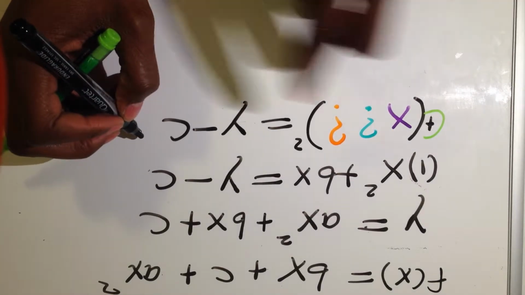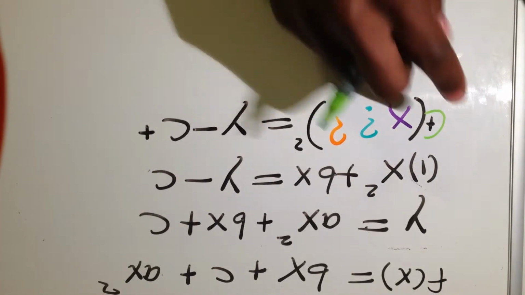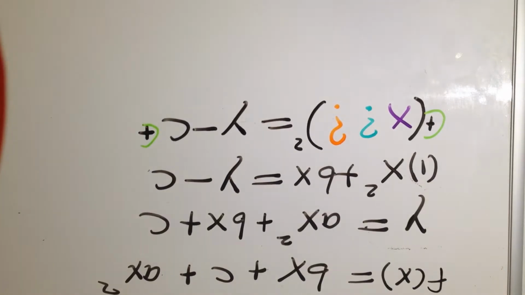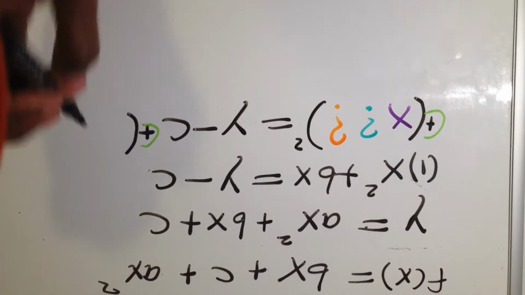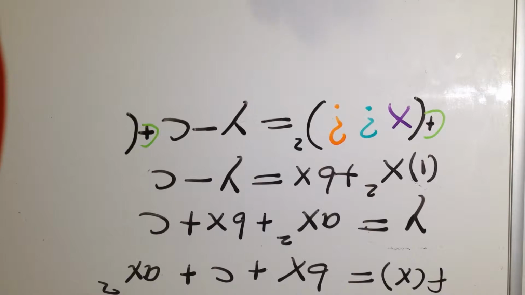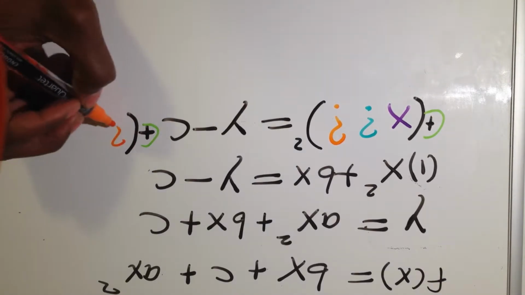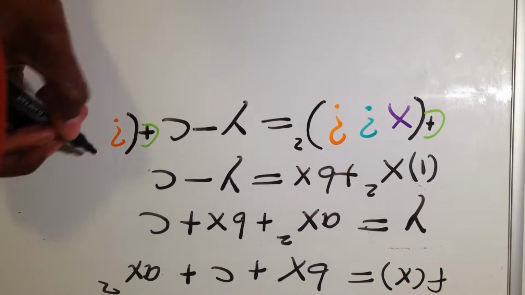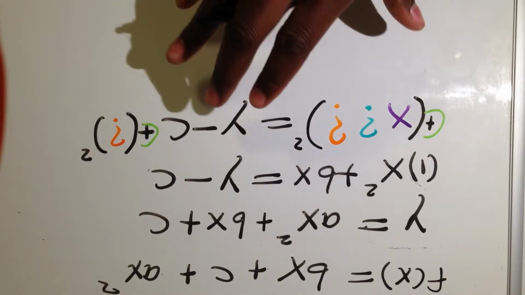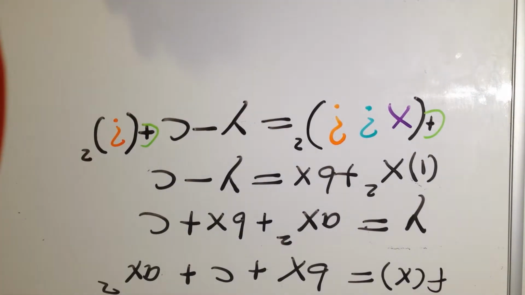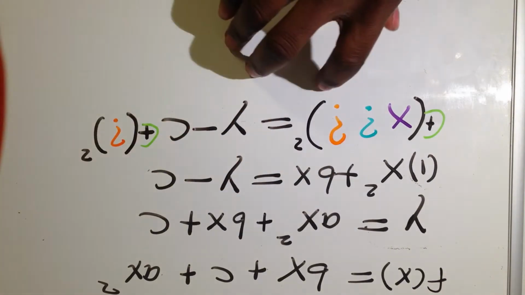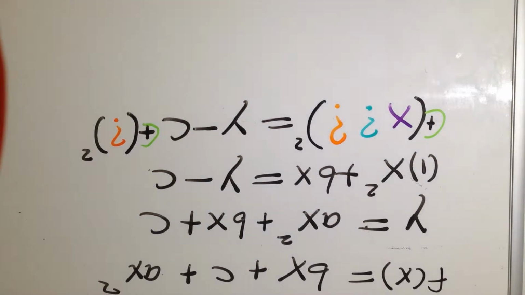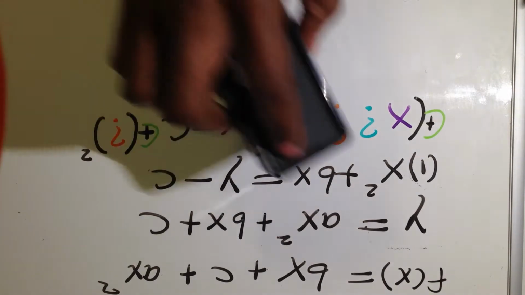It's plus over here, so it will also be plus over here, because what we do to one side is what we do to the other side. Okay? Square. Now this template is something that you have to memorize. Once you have it in this format, you put in your template, and what's going to happen is this.